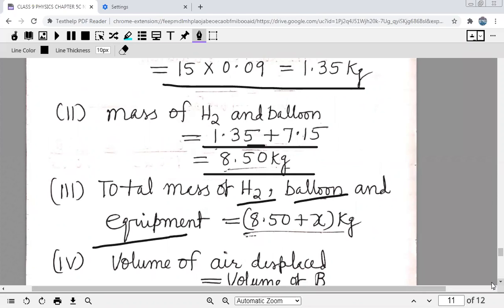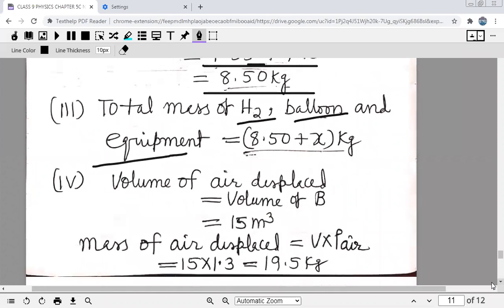Now what will be the volume of air displaced by the balloon? It will be equal to the volume of the balloon, that is 15 meter cube. So what is the mass of air displaced? It is volume multiplied by the density of air, which is given in the question, so it is 19.5 kg.